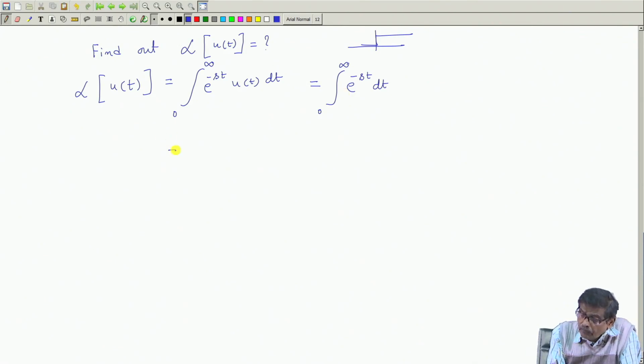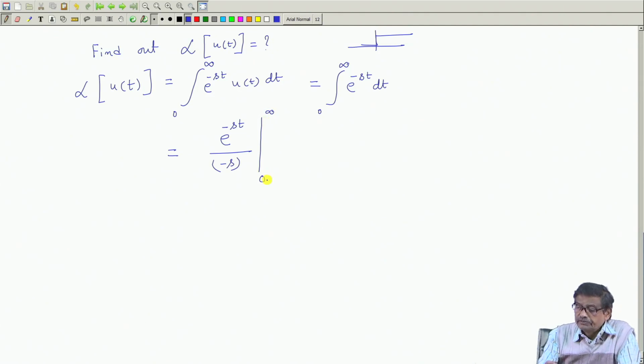Acha, now this integration can be carried out, e to the power minus s t divided by minus s. This will be the integration, and then I have to carry out these values at t equal to 0 and infinity and take the difference.